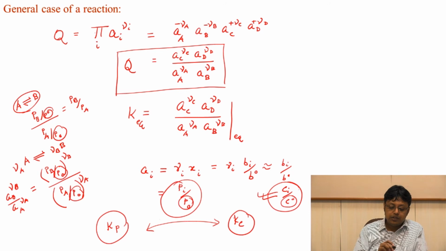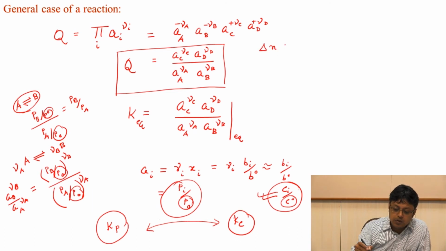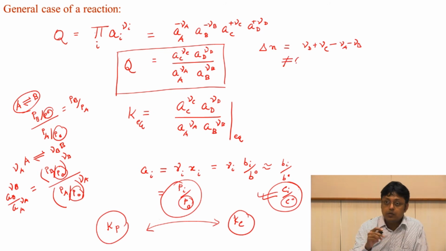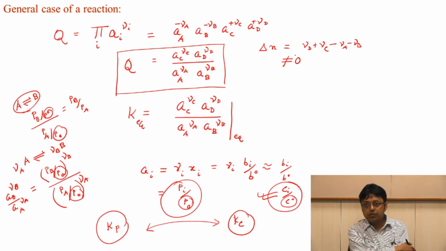Because of the addition of all the nu C, nu D's, and the addition of all the nu A, nu B's, when you take the difference between those sums, which we sometimes write as delta n, which is nothing but nu D plus nu C minus nu A minus nu B, if it is not equal to 0, then the pressure terms, the P0 terms, or the C0 terms do not cancel out, and you have to keep that in mind.